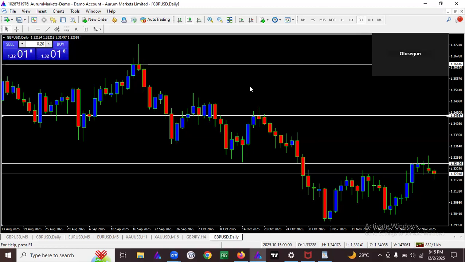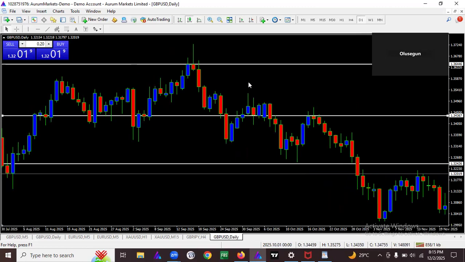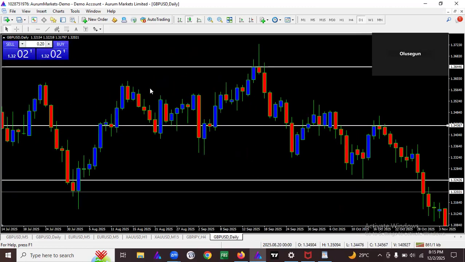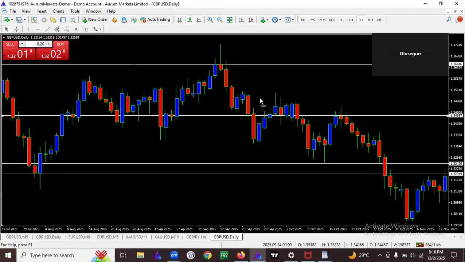So when a resistance is broken, that resistance becomes a support. Those on the lower floor, your support is their resistance, right? So when a resistance is broken, that resistance becomes a support. So that's all you need to know about resistance.